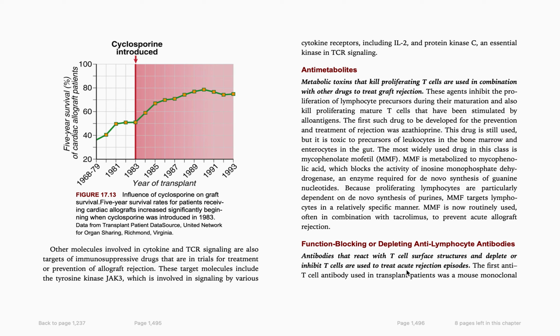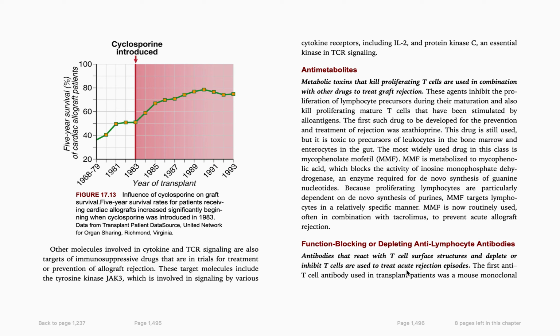Because proliferating lymphocytes are particularly dependent on de novo synthesis of purines, MMF targets lymphocytes in a relatively specific manner. MMF is now routinely used, often in combination with tacrolimus, to prevent acute allograft rejection.